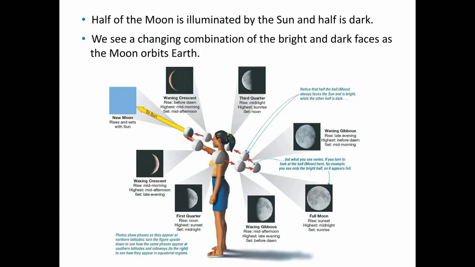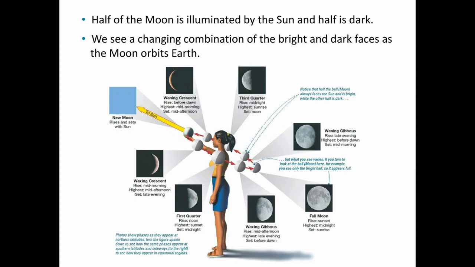And waxing, we're still revealing more of the illuminated side of the moon. And then we get to full moon. And now we're waning. So waning is when we are decreasing the amount of the illuminated side of the moon that we can see. Waning gibbous, third quarter, waning crescent, and then back to new moon.